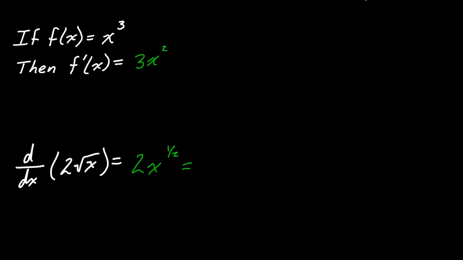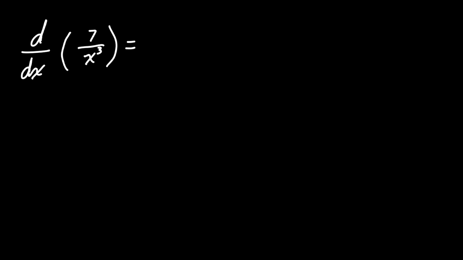So now when you bring the 1/2 to the front and you multiply a half times the 2, that's going to give you 1. Subtracting 1 from the exponent, 1 from a half is going to give you negative 1/2. Well, that would simplify to 1 over x to the 1/2, or in other words, 1 over the square root of x.